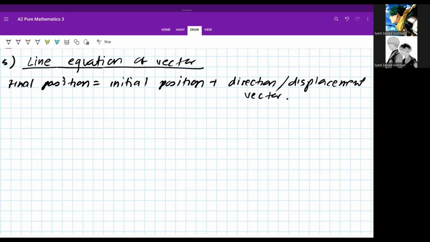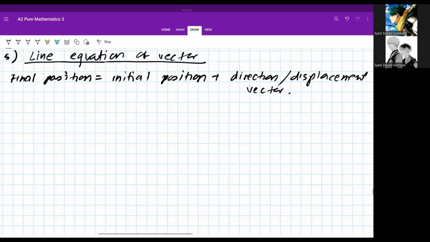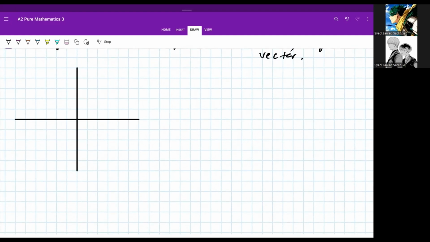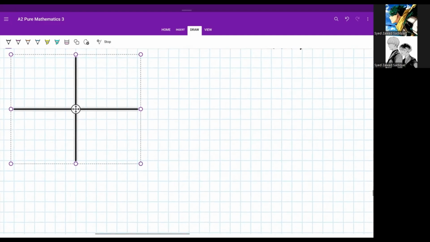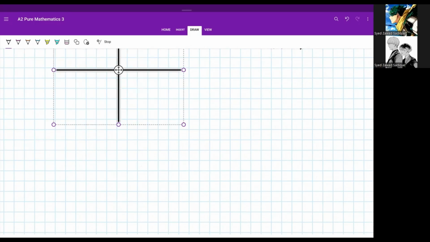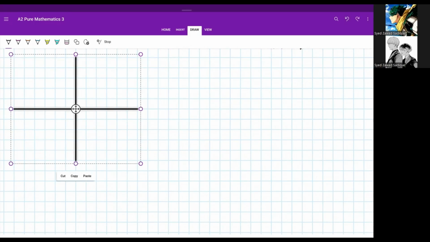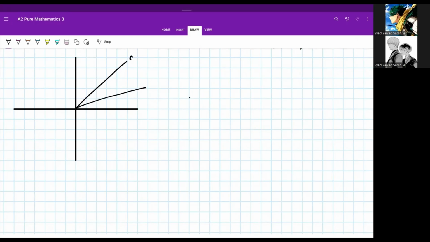What you can do is, to represent, we can just draw a graph. So this is OA, this is OB, AB, and this is the line.